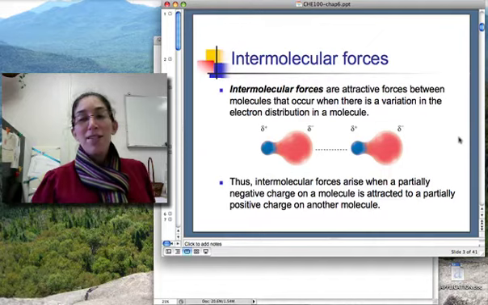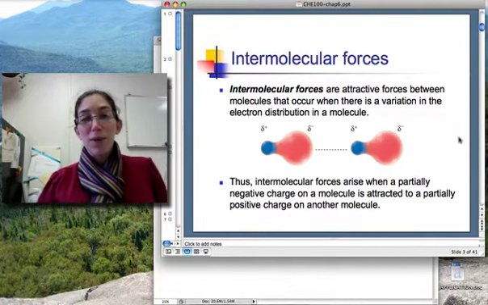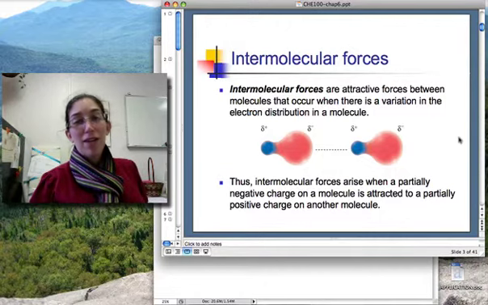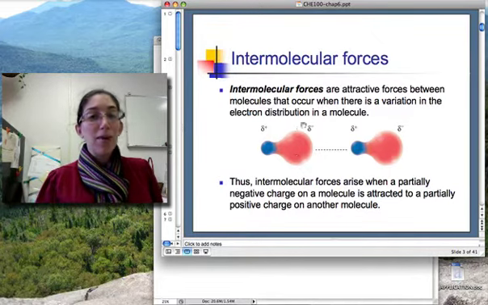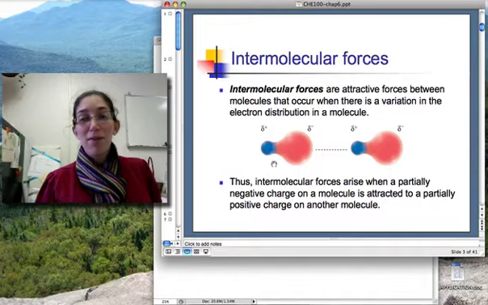And essentially, intermolecular forces are attractive forces between molecules that have a partial charge, okay? So an example here is I have two polar molecules. Don't forget about polarity. We talked about it in Chapter 3. If you need to go back and review it, do that.